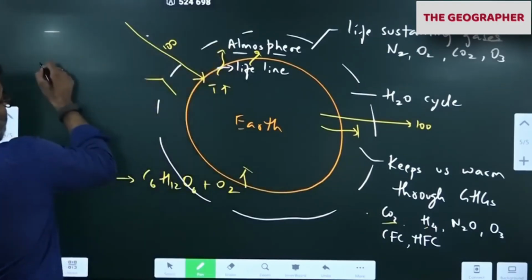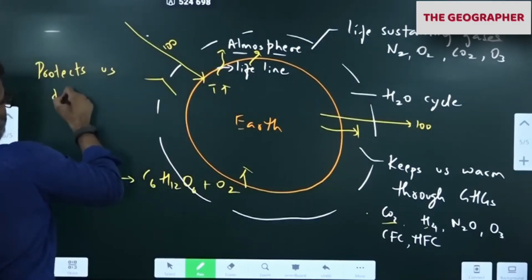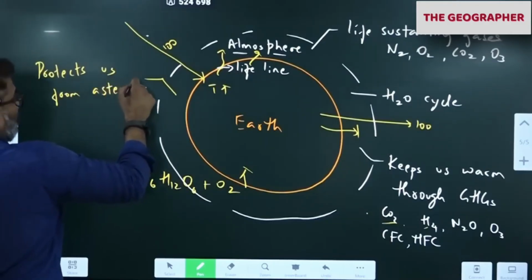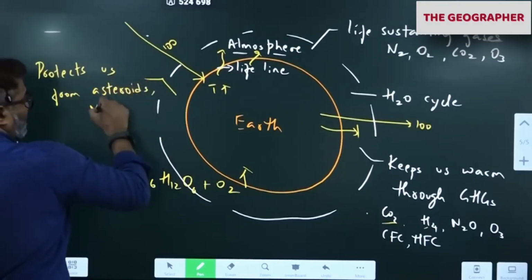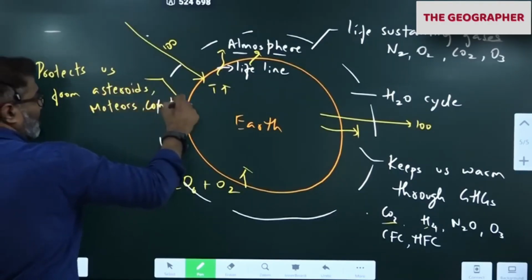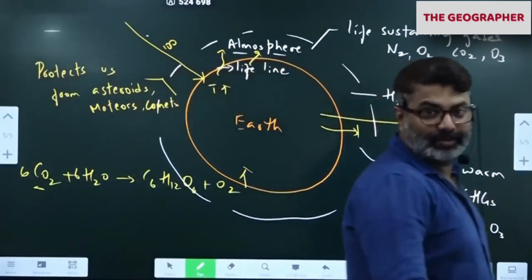Our atmosphere protects us from asteroids and meteors. All of you know asteroids, meteors, comets. What happens when they come into our atmosphere? They burn. Why?